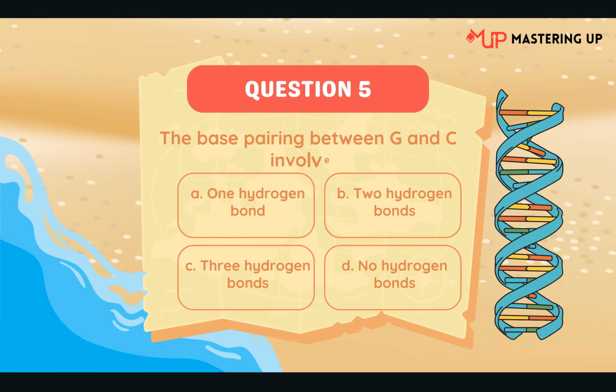Let's move on to question number 5. The base pairing between G and C involves option A, one hydrogen bond, option B, two hydrogen bonds, option C, three hydrogen bonds, option D, no hydrogen bonds.